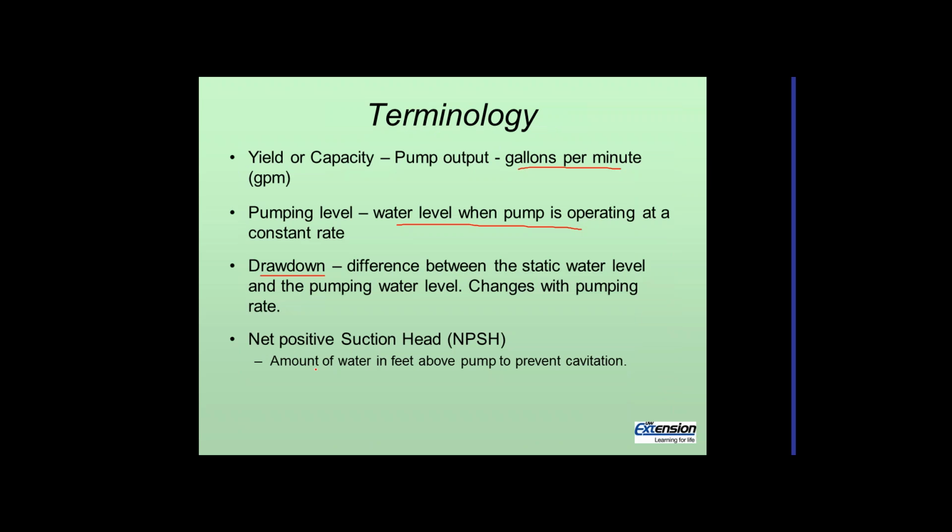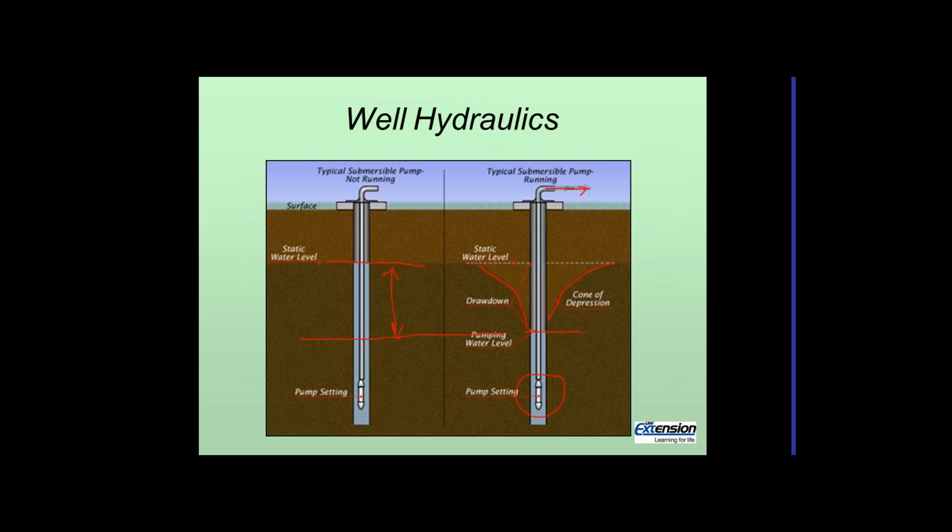Then the other point is the net positive suction head. All high capacity wells will require some number of feet above the pump inlet, which on a submersible is on the top. So between here and where the pumping water level is going to be is the net positive suction head requirement.